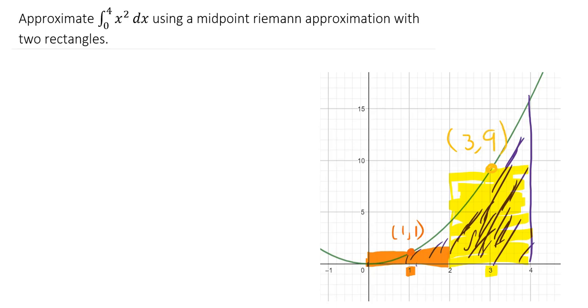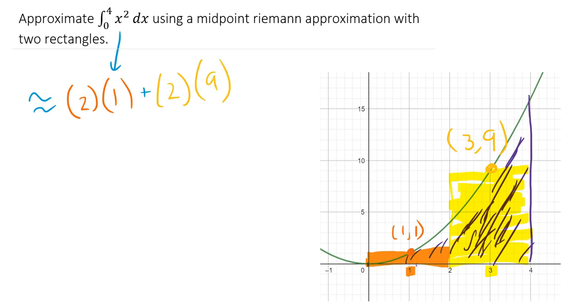So I can approximate this integral as the sum of the area of these two rectangles. The first rectangle has a width of 2 and a height of 1. The second rectangle has a width of 2 and a height of 9. So overall, my approximation comes out to 20.